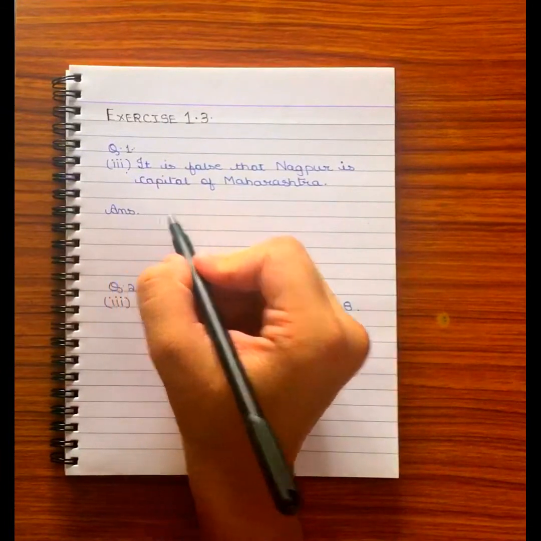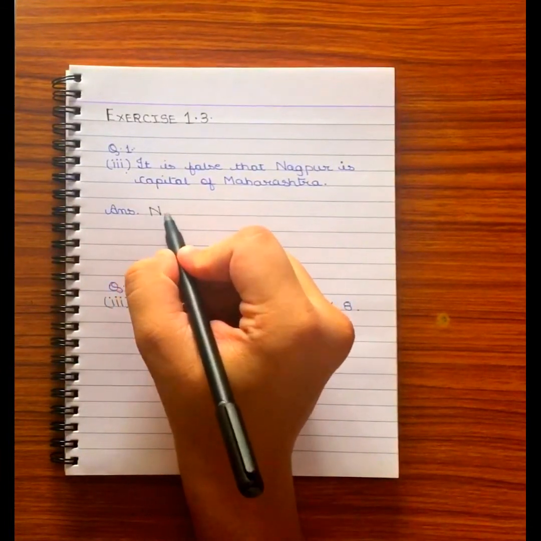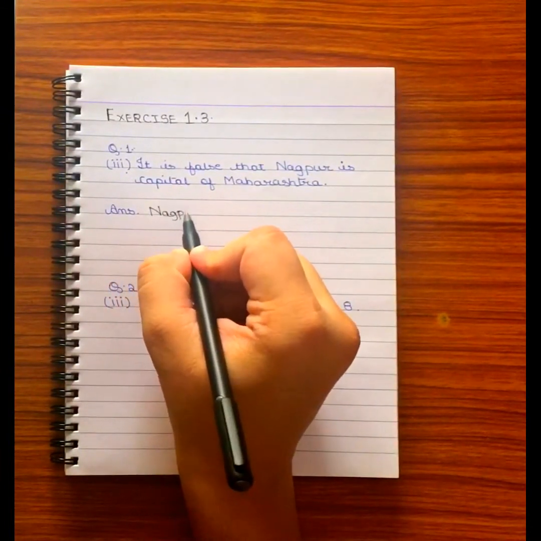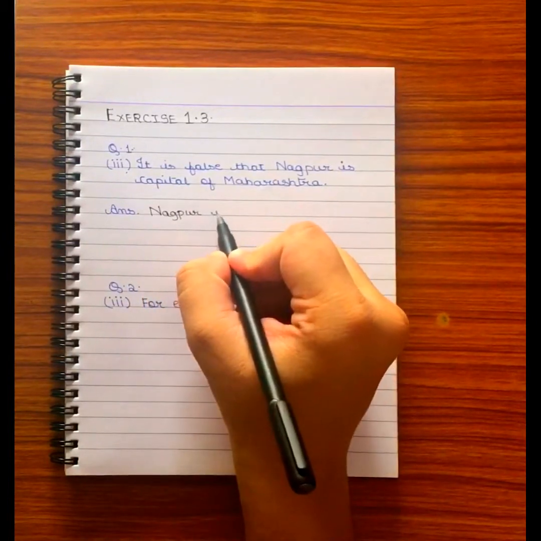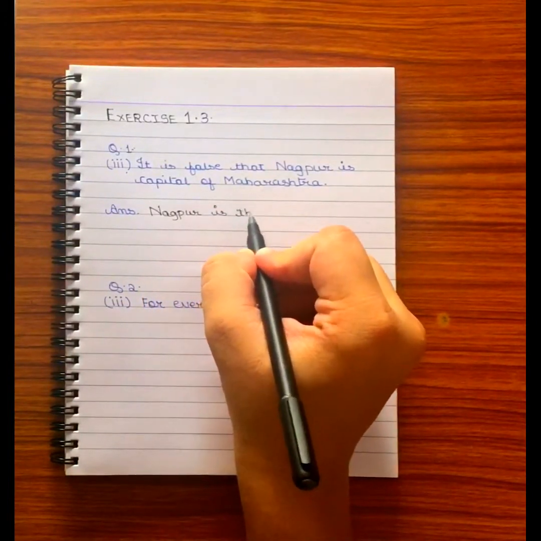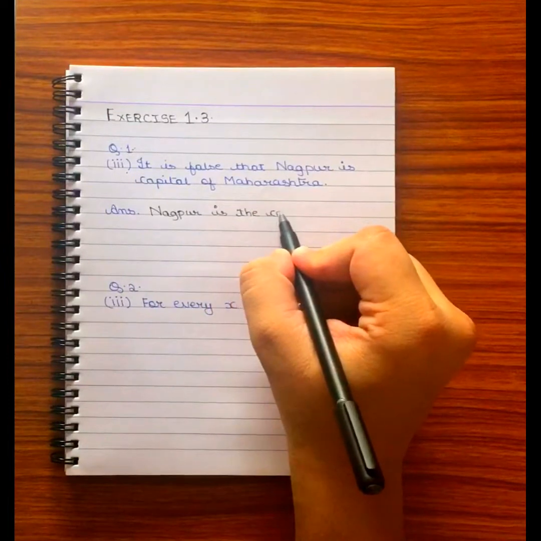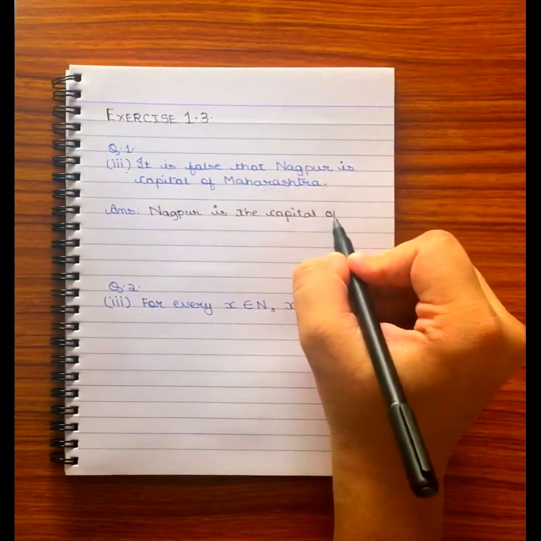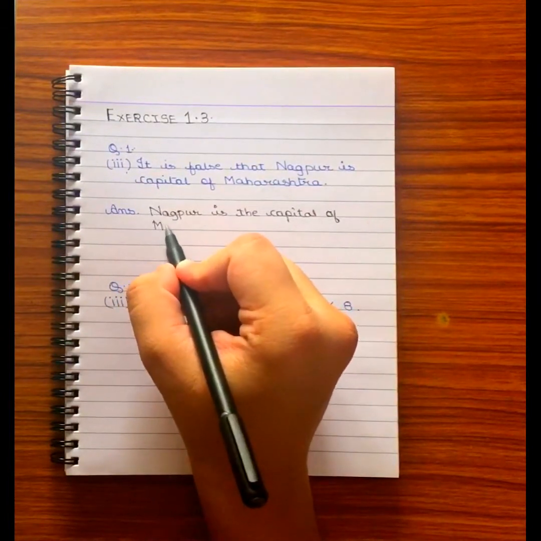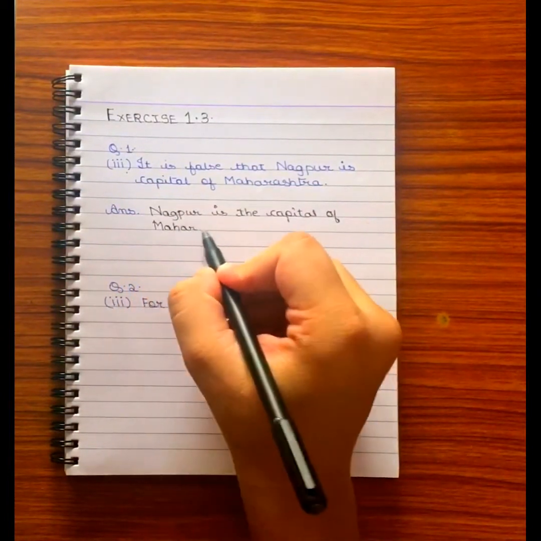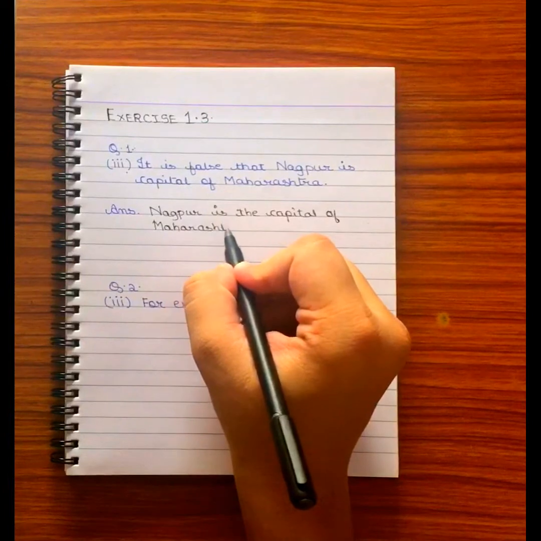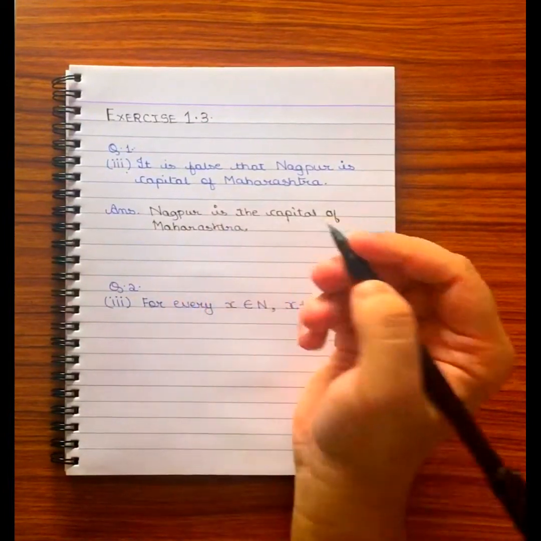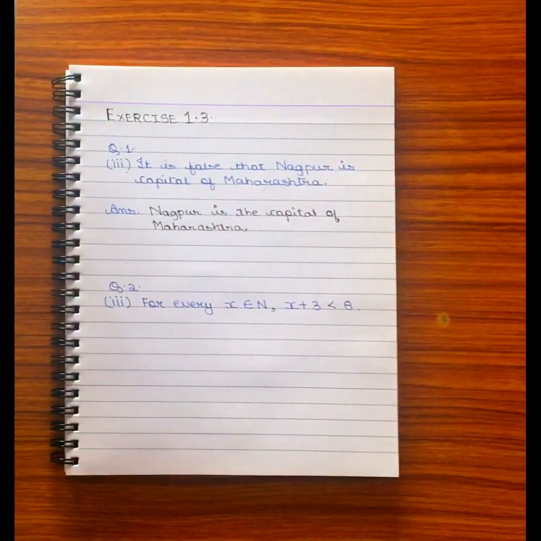It will be Nagpur is the capital of Maharashtra. Okay, Nagpur is the capital of Maharashtra. So this is the negation of the given statement.